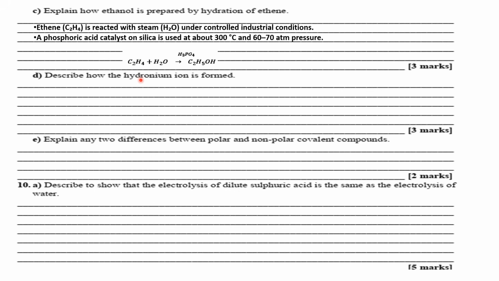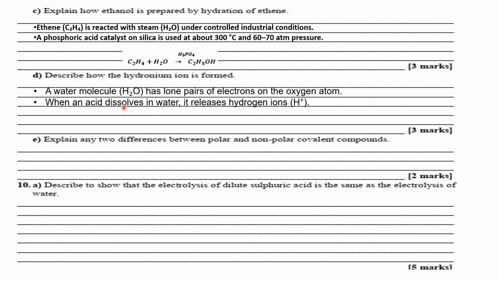Describe how the hydronium ion is formed. I mentioned earlier on when we were looking at the ammonium ion. So how is the hydronium formed? Remember, hydronium ion is a substance that involves dative bonding. So in order to form hydronium ion, a water molecule, H2O, which has a lone pair of electrons on the oxygen atom, is going to react with an acid.